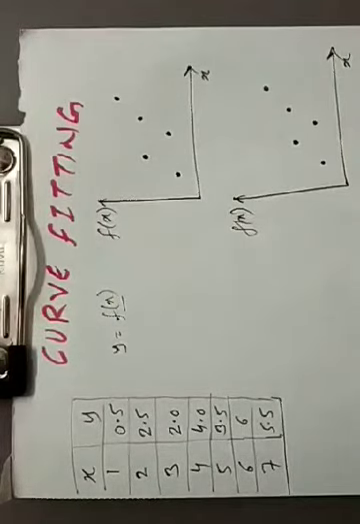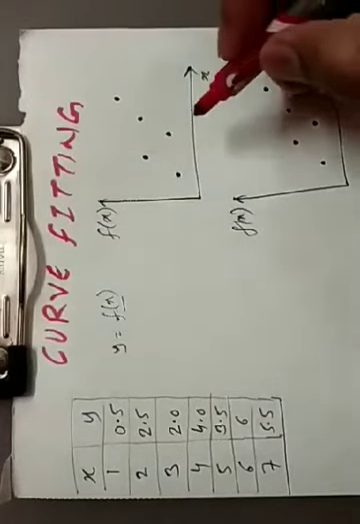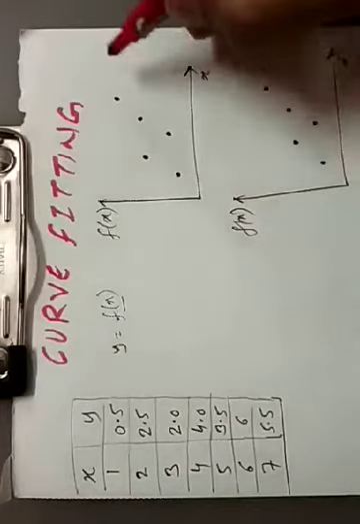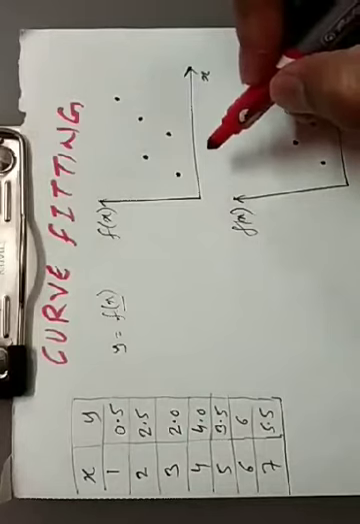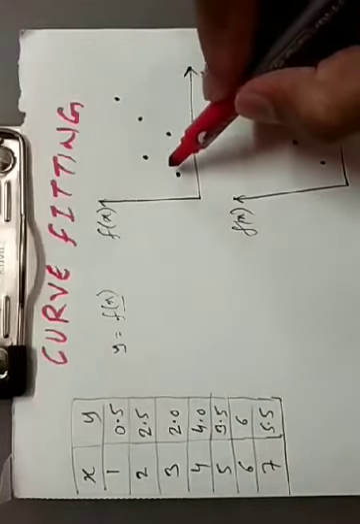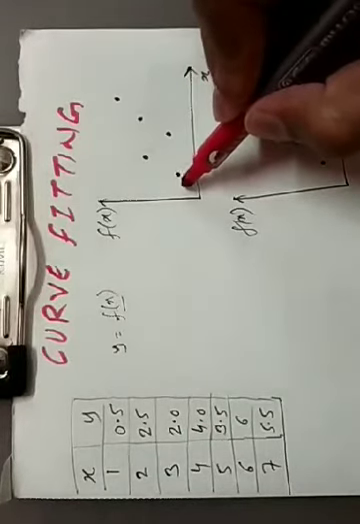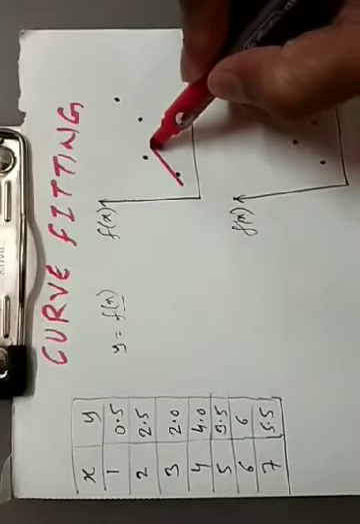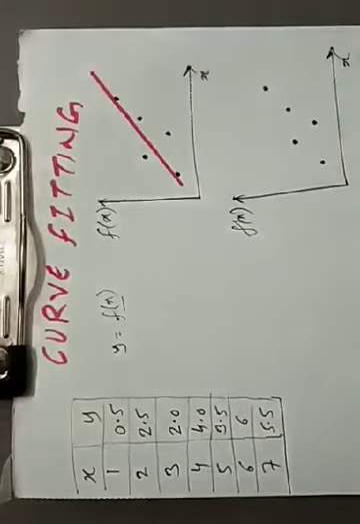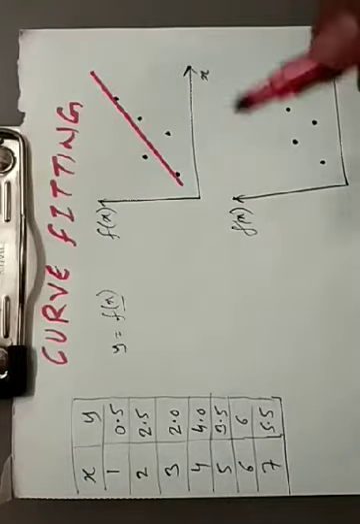So here we can use this pattern of the discrete data and directly we can fit one straight line. Okay, it is not compulsory that this line should pass through all the points.